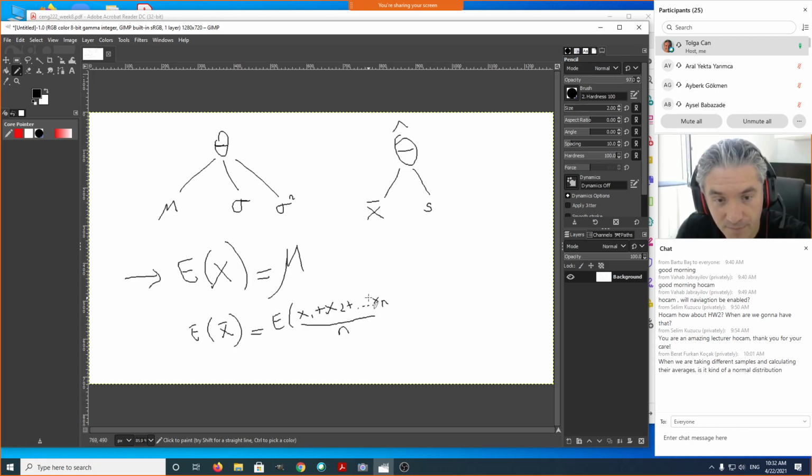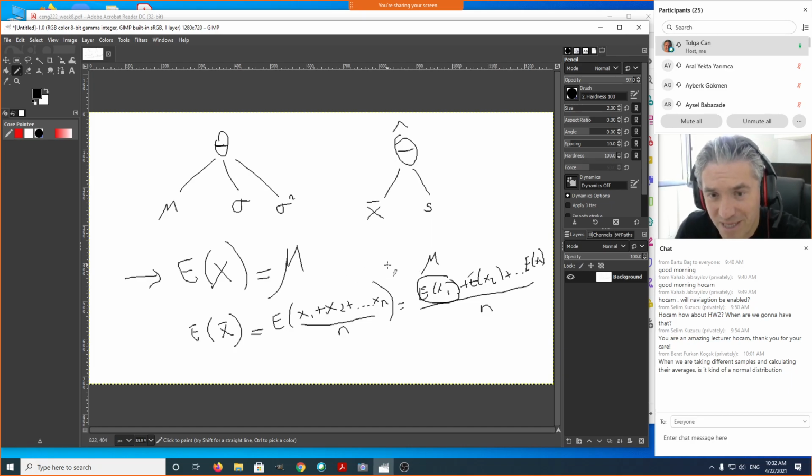So it's equal to, because of linearity of expectation, the expected value of x1 plus the expected value of x2, all the way to the expected value of xn, divided by n. Since each of these is mu, I don't know what the actual value of mu is, I'm just mathematically replacing the variable here, which gives n times mu divided by n, which is equal to mu.